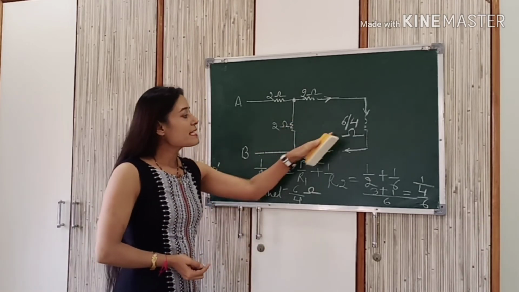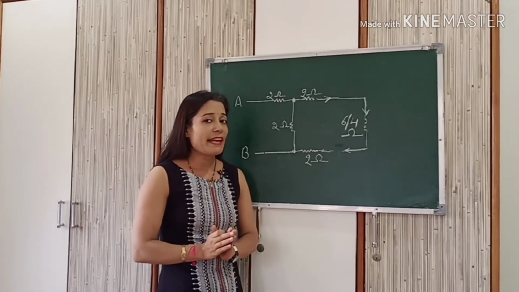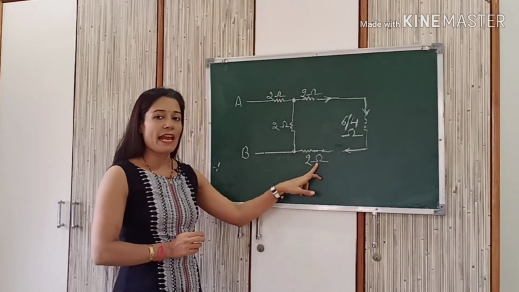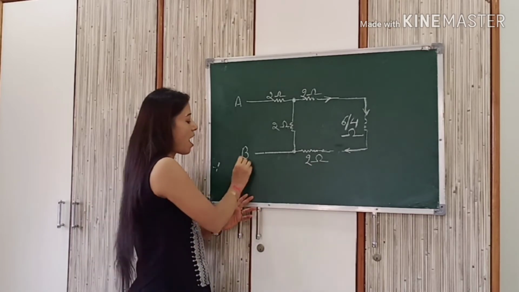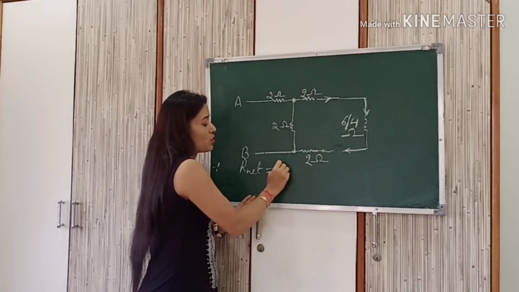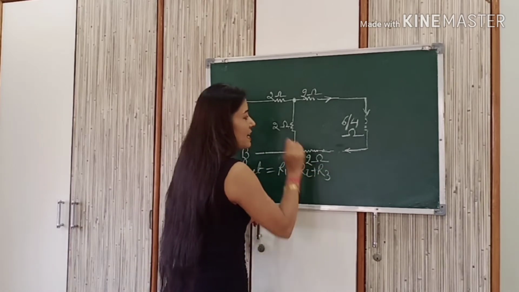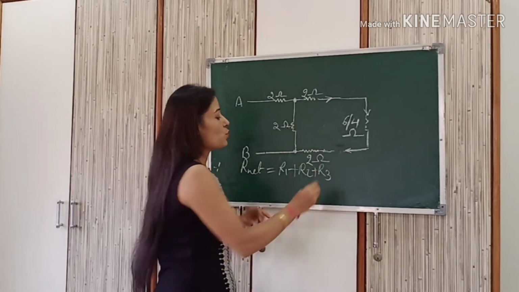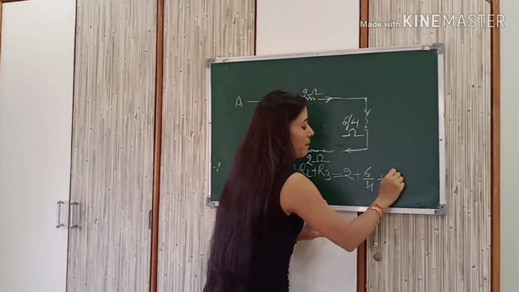So now we will find the equivalent resistance of these three resistances. In series combination, R net is equal to R1 plus R2 plus R3. So that is 2 plus 6 upon 4 plus 2.